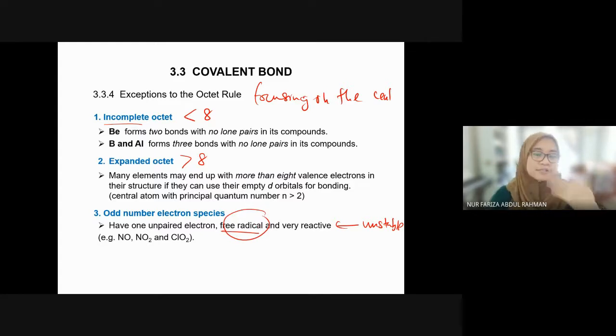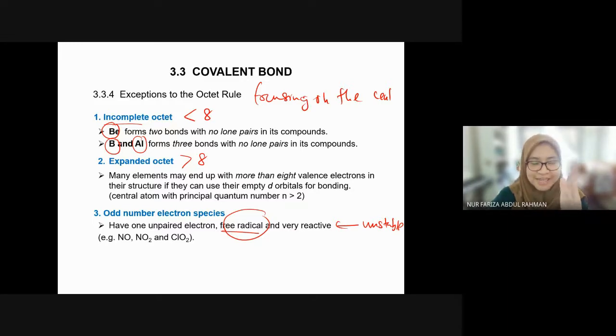Okay, so let's go back to incomplete octet just now. You have to remember the elements that can have incomplete octet: beryllium, boron, and aluminium. When you see a chemical formula having these elements in it, don't try to octet them.